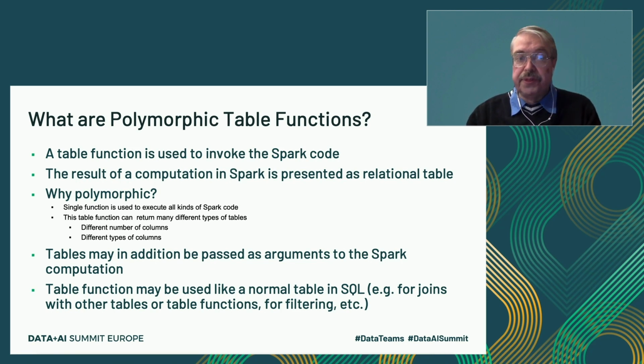In the case of the polymorphic table function for executing the Spark code, there will be one table function which can return many different tables. They can have different numbers of columns, different types of columns, and therefore, because there's just one function which can have many shapes, it's called a polymorphic table function.